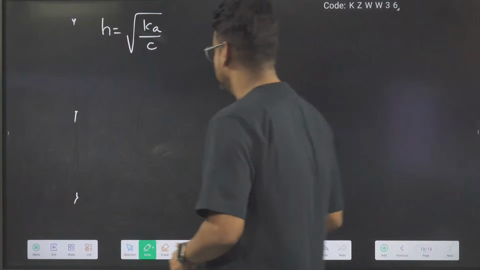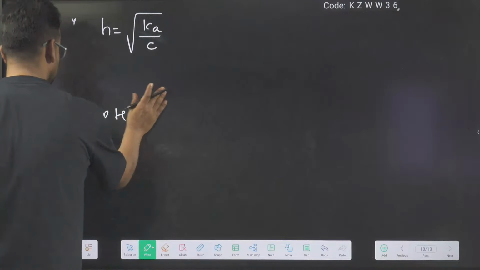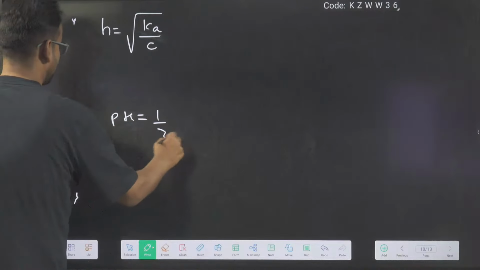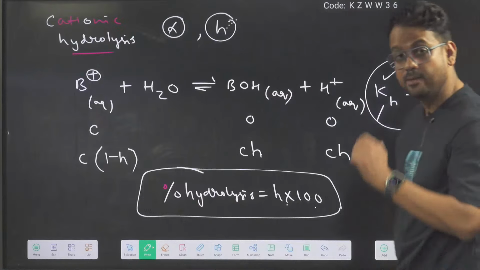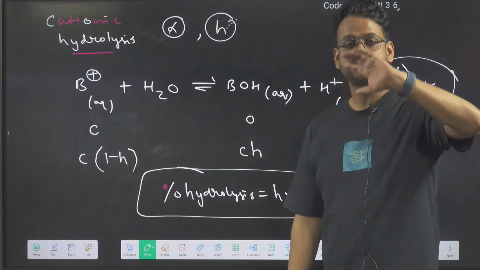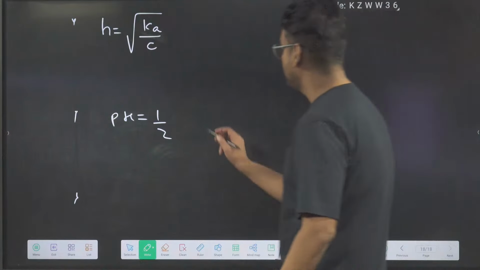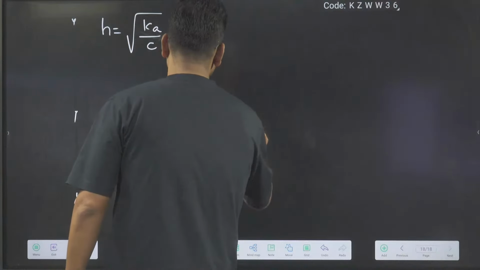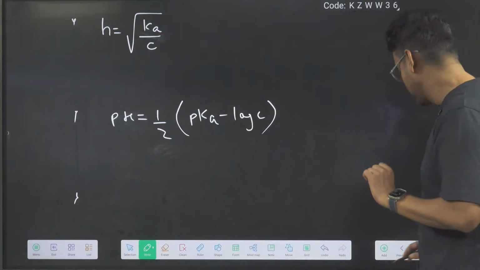So h is under root K by C. pH is equal to, as I told you, it is just like a weak monoprotic acid, so pH will be half pKa minus log C.